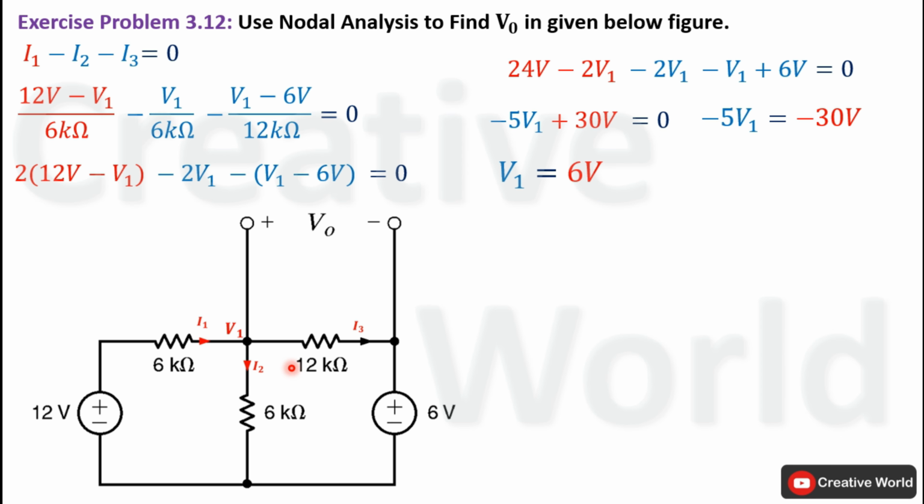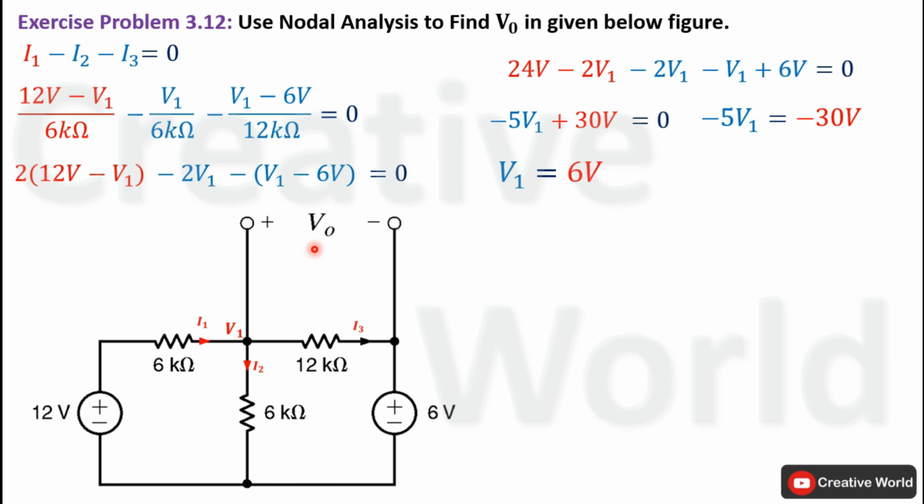After calculating the value of voltage V1, now we are able to calculate the value of current I3 through this 12 kilo ohm resistance. If we succeed to calculate the value of current I3, we will be able to calculate voltage across this 12 kilo ohm resistance using Ohm's law, and that is the required parameter in this scenario. We have to find out voltage across this 12 kilo ohm resistance labeled as V0.